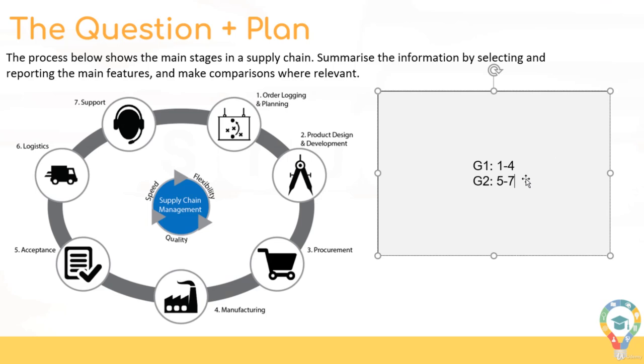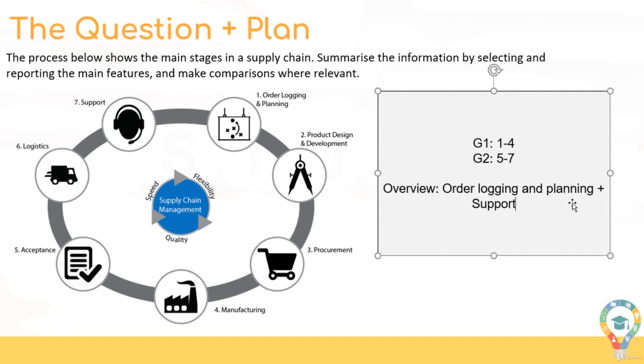For the overview, we simply need to state what the first and last stages are. And I'll show you how to write that in a moment. But we've got order, logging and planning. And we have support. So that will be my second short paragraph, the overview, which I'll just quickly say what the first and last stages are.